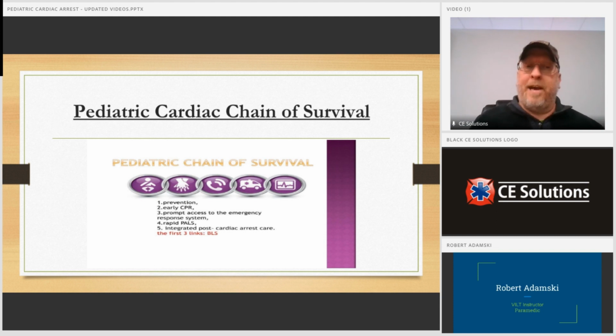So those are just two examples. That's why prevention in the pediatric chain of survival is so important.